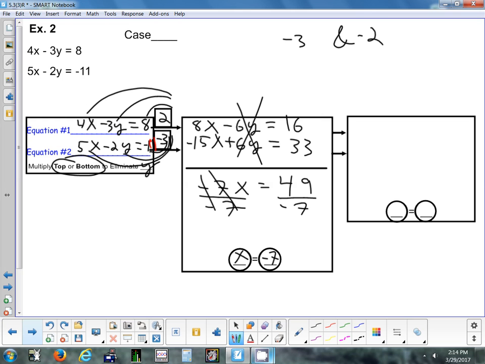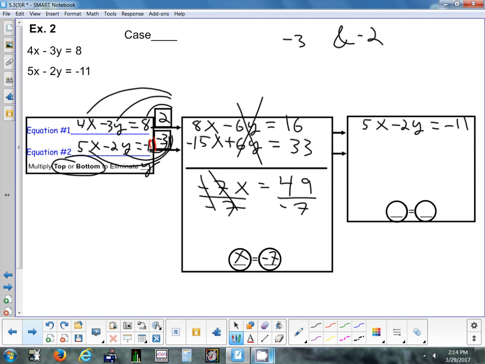Okay, now same thing as the last one. Pick which equation we want to go back to, top or bottom? Bottom? Okay. Again, that's fine. We're going to have to multiply by 5 instead of 4, but that's not really a huge difference. So we got 5x minus 2y equals negative 11.